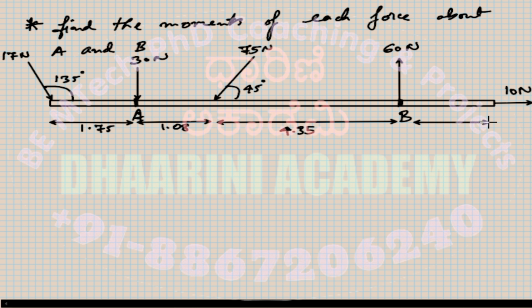This distance is given 1.35. Right, every distance is in meters and every force is in Newton. So find the moment of all the forces. There are 5 forces shown, and you have to find the moments of each of the force, first about A and then about B. So this is the question.